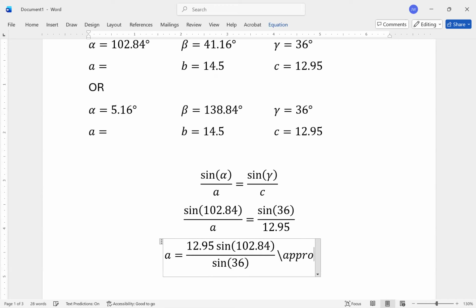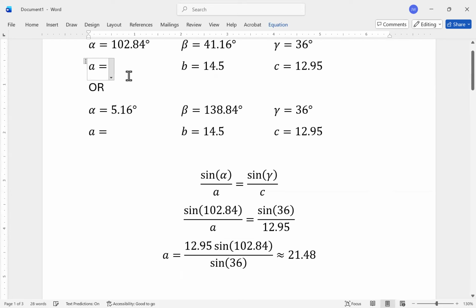And in that case, we get an approximate answer of 21.48. So 21.48 is the measurement of A in the first triangle case.